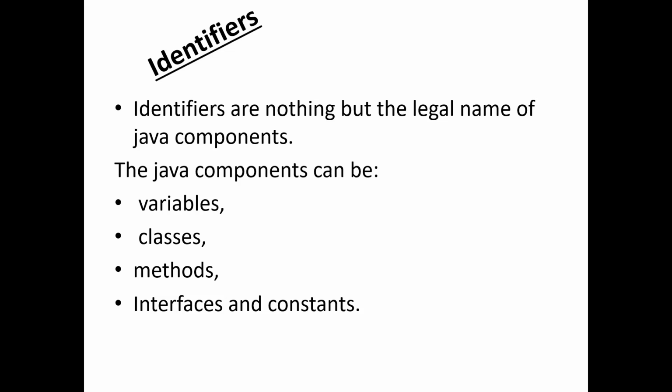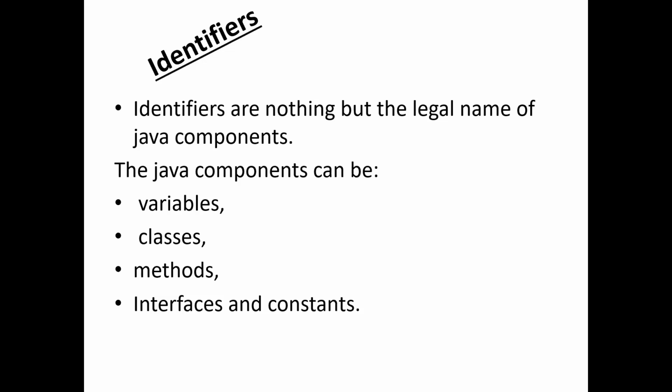These are nothing but Java components. Like if you create a class, I showed you a public class test, so the name of that class is test. That class is a Java component. Variables are Java components. Methods are components of Java. So you have to provide a name to those Java components.